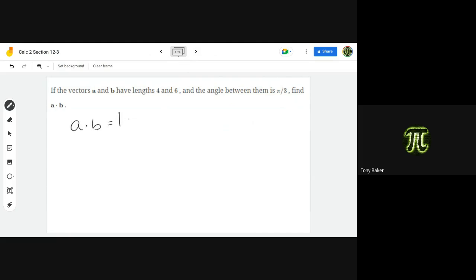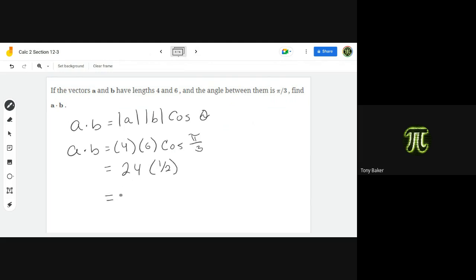So remember, the dot product is the magnitudes times cosine theta. So this is just the magnitude, the length. So I get 4 times 6 times cosine of pi over 3. Cosine of pi over 3 is 1/2. So the dot product is 12.